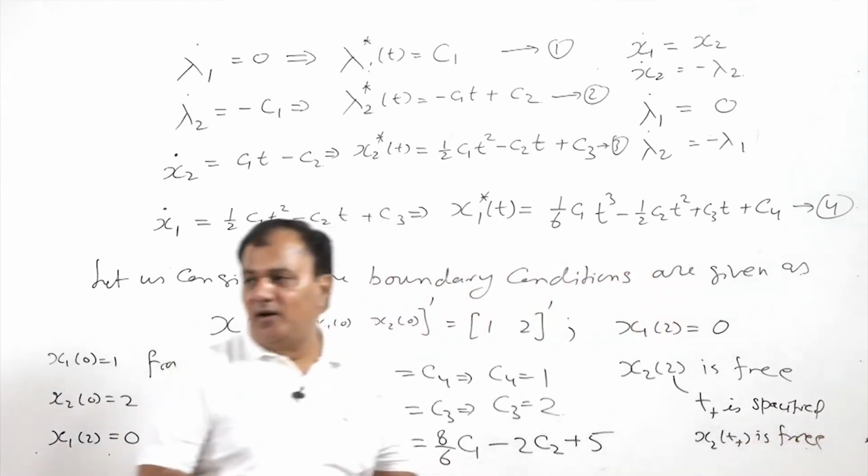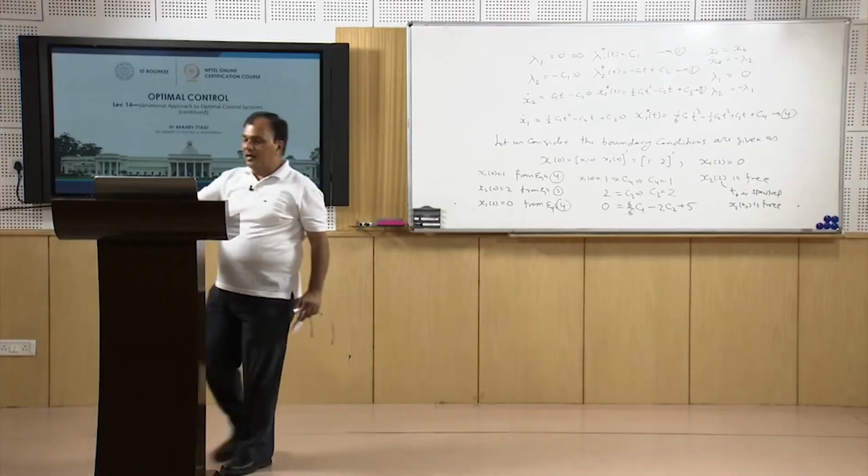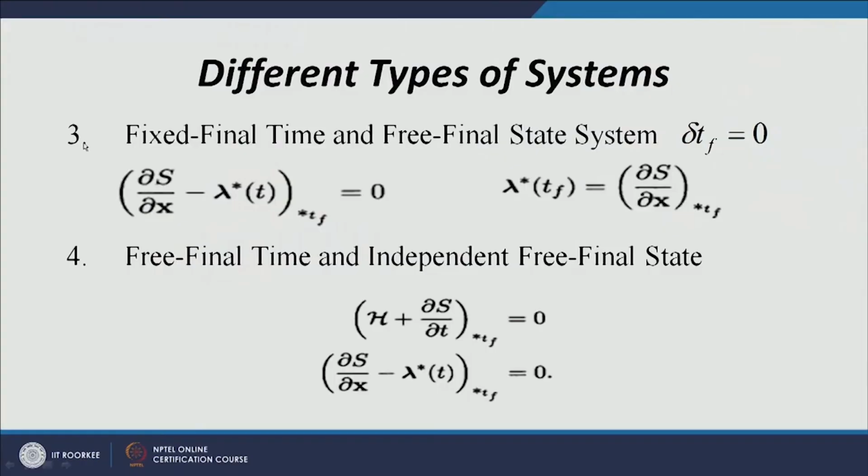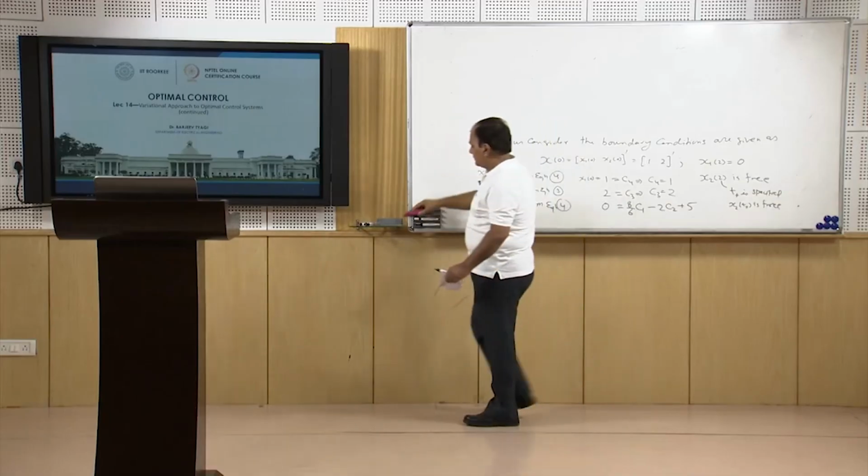So, which condition I will use? From my case, I have the fixed final time and the free final state, and that is applicable to my second state for x2 only, and my condition is lambda(Tf) equal to del S by del x(Tf).